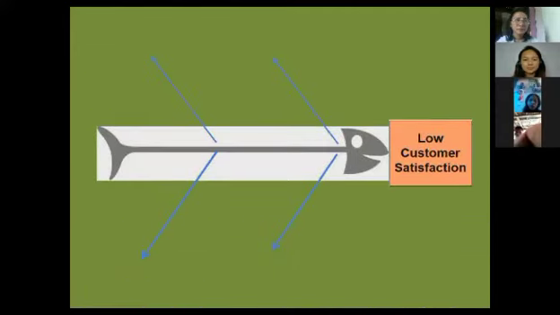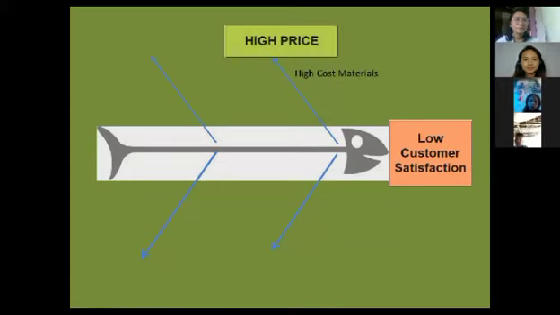The first one is high prices. In high prices, the price will be higher for the reason of high cost materials and high transportation. The price will be high when all of these expenses are expensive.